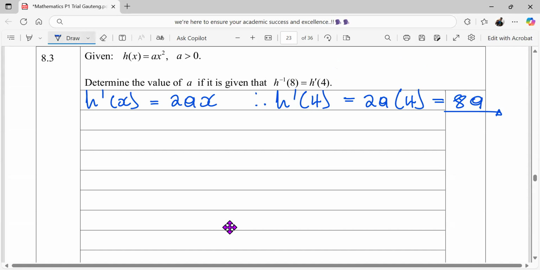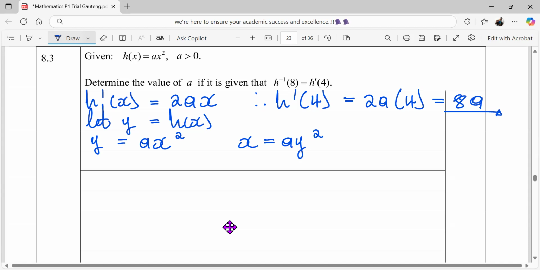Now it's time to find the inverse. So here we are going to replace h of x with y. In other words, y equals ax squared. I'm saving space, so I'm going to write next to this. I interchange my x and y so that x equals a y squared.